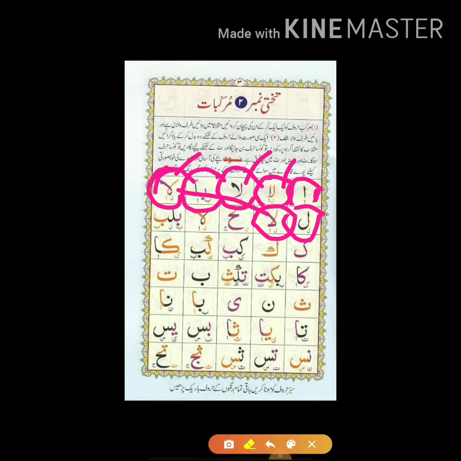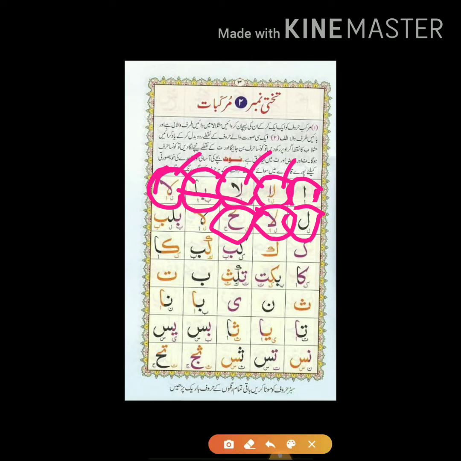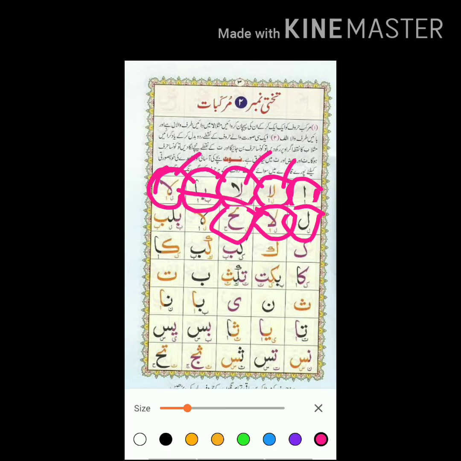Now moving to the next box, now I want your attention. This letter that you are seeing right here on the third box of the second line, there are two letters here. The first one is in orange color and the second one is in purple color.